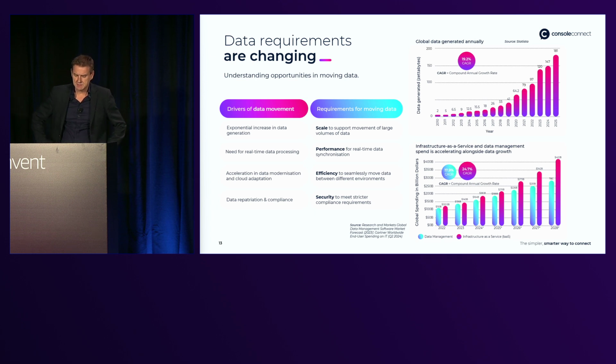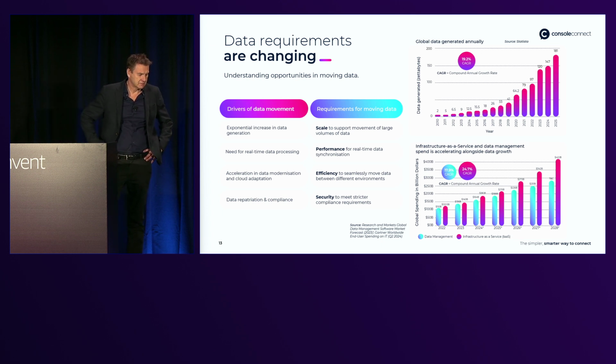And we see companies that collect and analyze these large volumes of data, as I said, have real competitive advantage. But the landscape is actually changing. Large volumes of data means that the network that underpins it needs to be able to operate at scale, and it needs to be flexible. It needs to be able to cope with that fluctuating nature of demand and be able to scale accordingly.